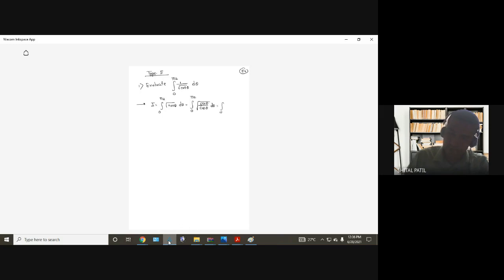That is sin raised to half theta, cos raised to minus half theta, d theta. So now we cannot use reduction formula number 4.